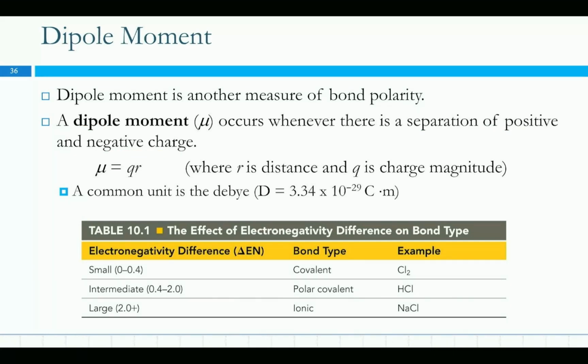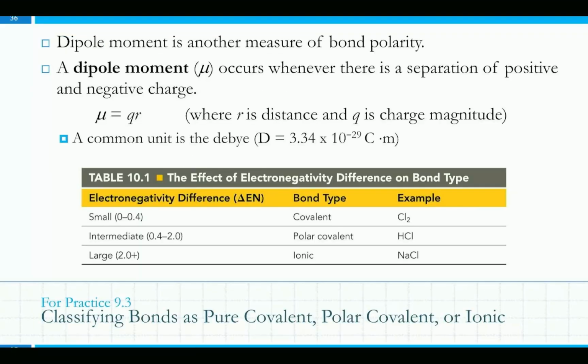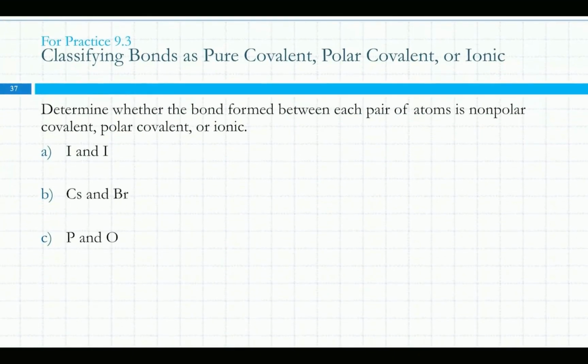And then we can measure that as the distance times the charge magnitude, measured in debyes. And again, we get the same relative scale. I'm not going to ask you to calculate dipole moments. Again, we're more interested in what this means about the behavior of molecules. So if I have a molecule that has polar bonds, how does that behave differently from a molecule that doesn't?